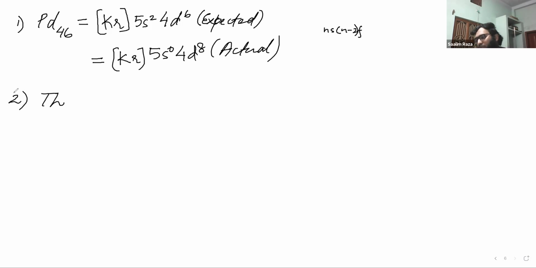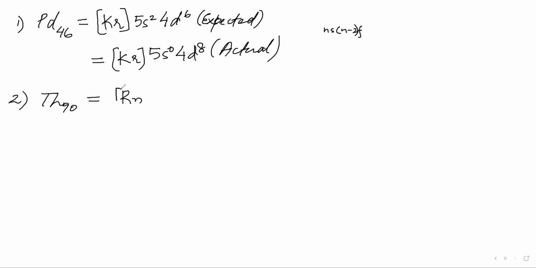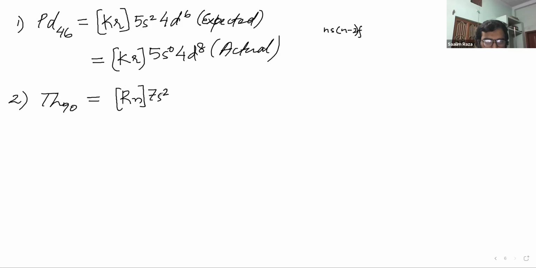Now for thorium. Thorium is 90. So we'll have the Rn 86 one. Then we will have 7s2 and 5f2.